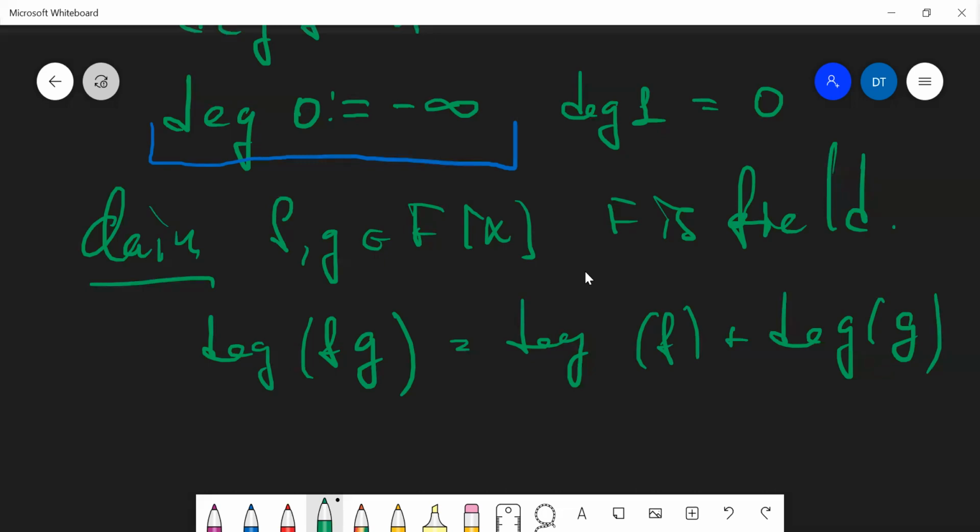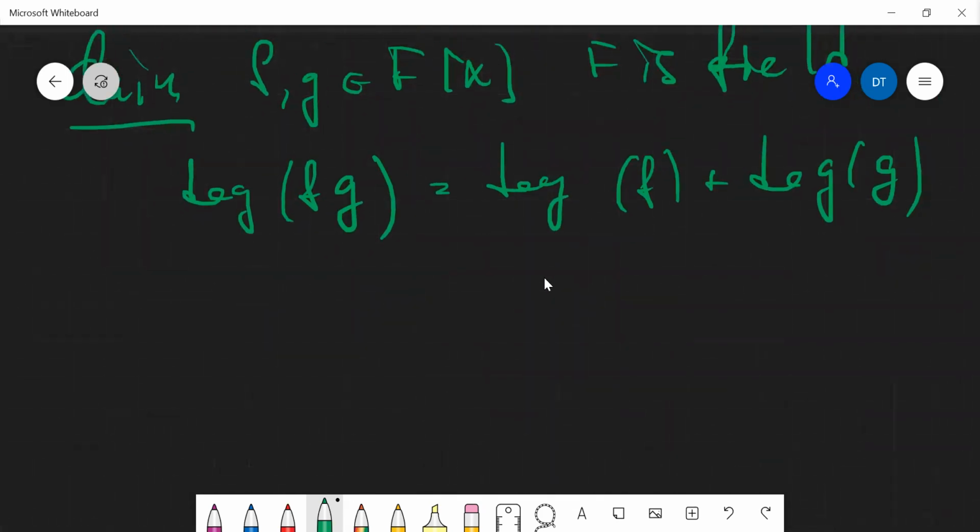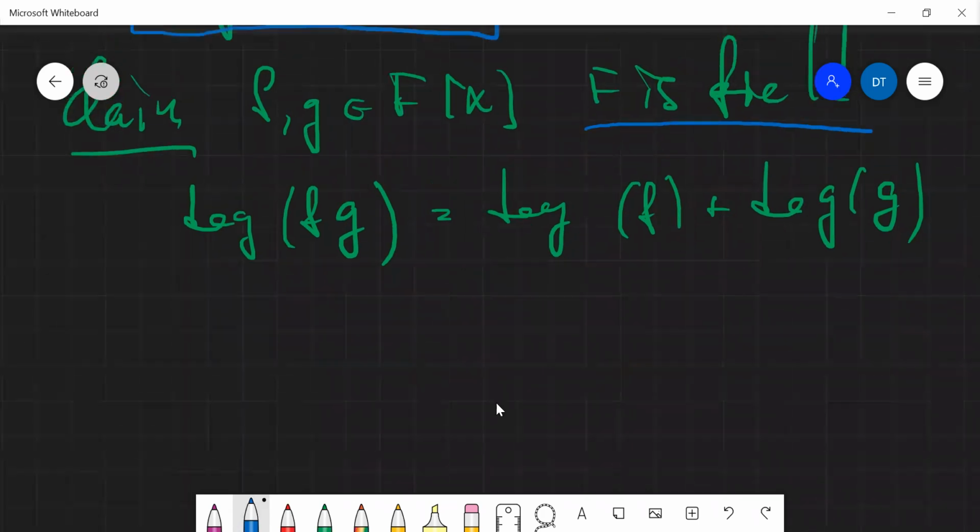And this rule works even in the case when f or g is 0. In this case, we assume that minus infinity plus something is also minus infinity. So that's how to use this formula with this special symbol. But if the polynomials f and g are non-zero, then this is true. And here it is important that F is not an arbitrary ring, but a field.